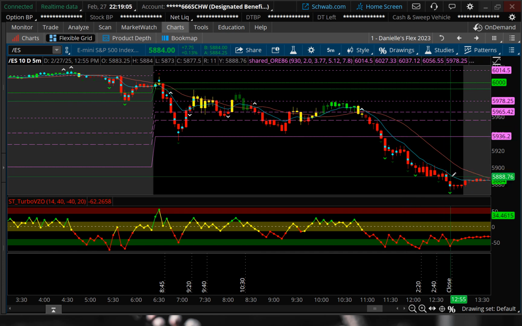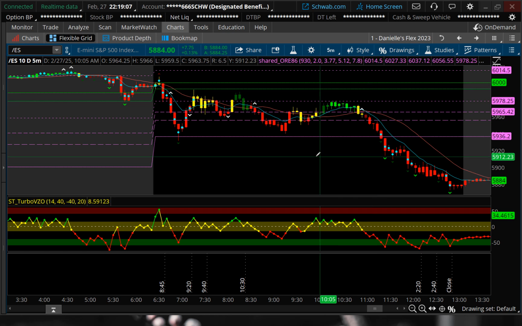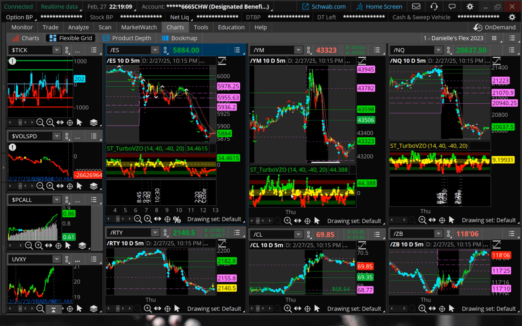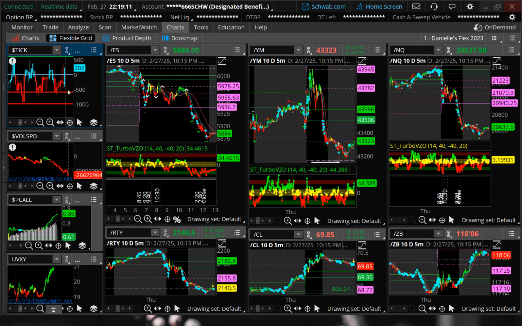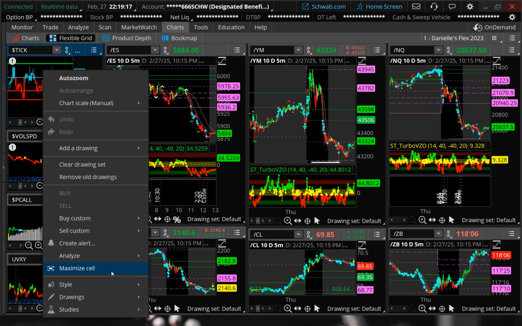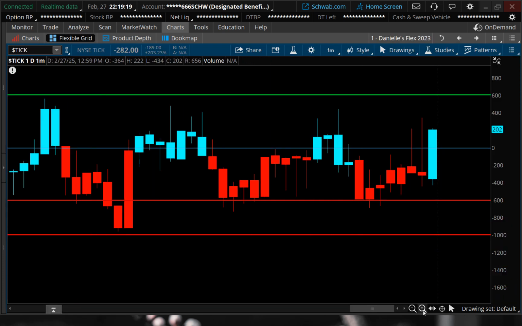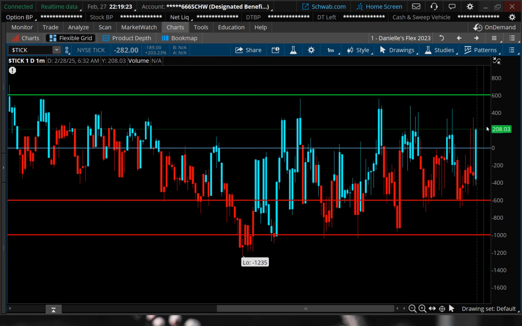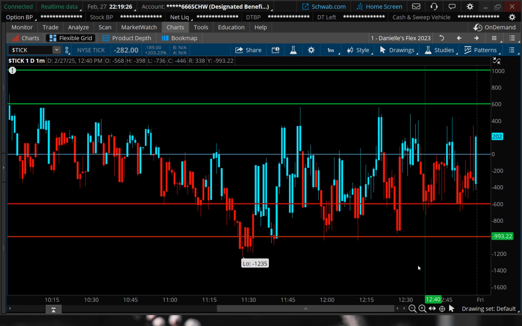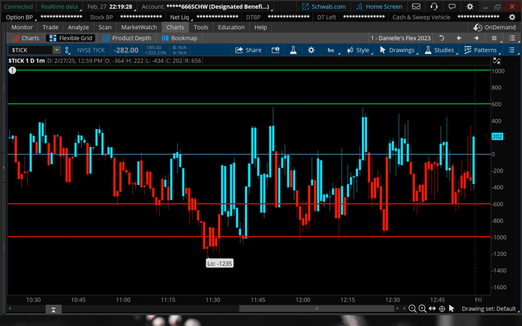So when you're sitting on a ledge like that, you have to watch the market internals. Now, I like to use the ticks, the vol spread, the book call ratio, and the UVXY. In this case, this was the main leader here. Basically, with the ticks, you are going to look for an overall lack of buying, and then you also want to look for major selling.